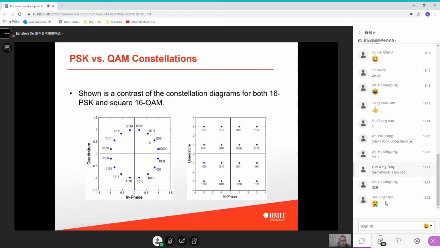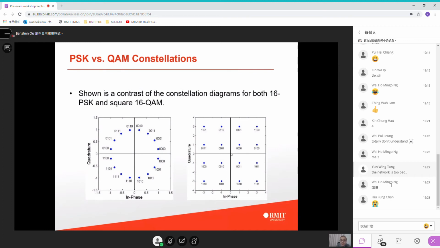But for 16 QAM, you also have 16 dots in the constellation diagram, but from 110 to the origin and 000 to the origin, they all have a different distance. That's why QAM is a combination of ASK and PSK together.